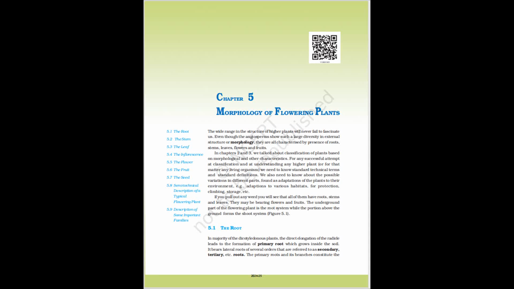Fusion is indicated by enclosing the figure within brackets and adhesion by a line drawn above the symbols of the floral parts. A floral diagram provides information about the number of parts of a flower, their arrangement, and the relation they have with one another, Figure 5.16. The position of the mother axis with respect to the flower is represented by a dot on the top of the floral diagram.